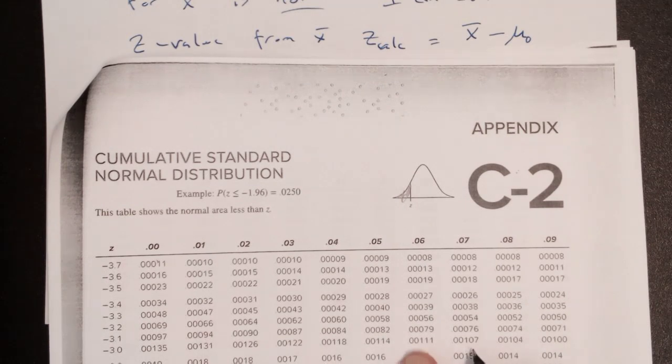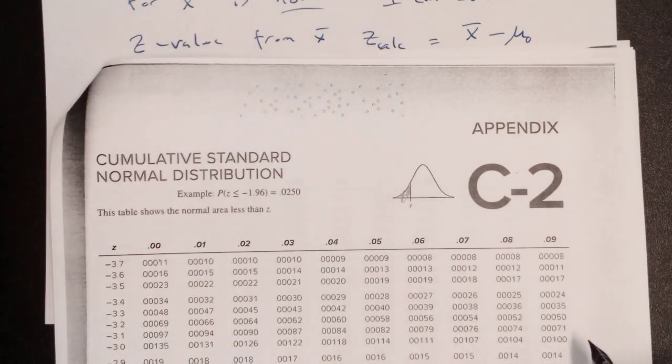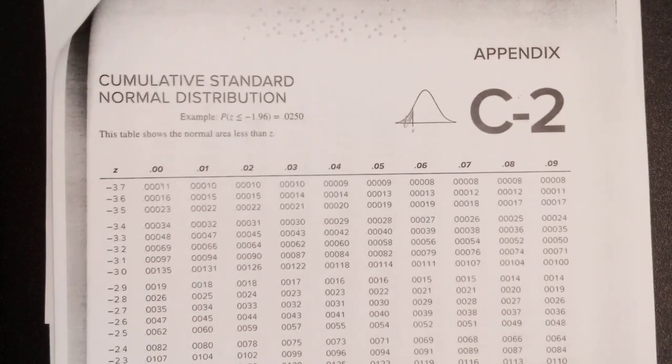There we go. Between these two, right? Oh, no, that's 0.001. I need 0.01. Here we are. 2.3, closer to 3 than 2.